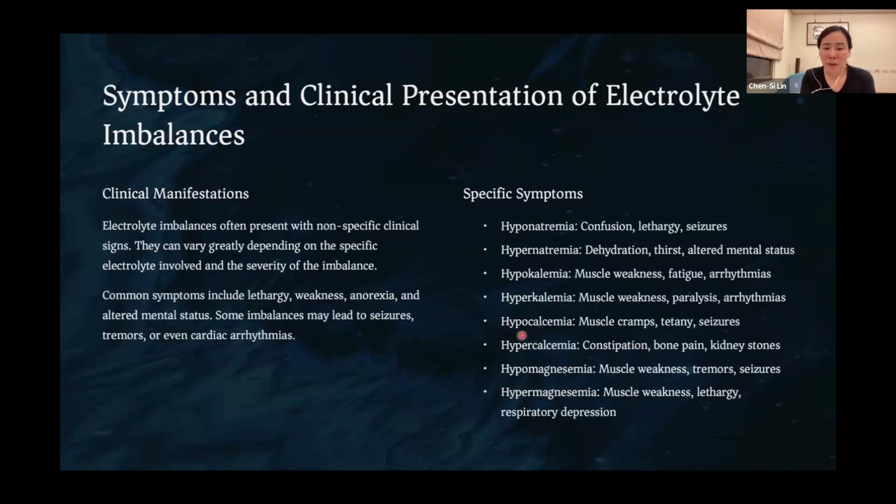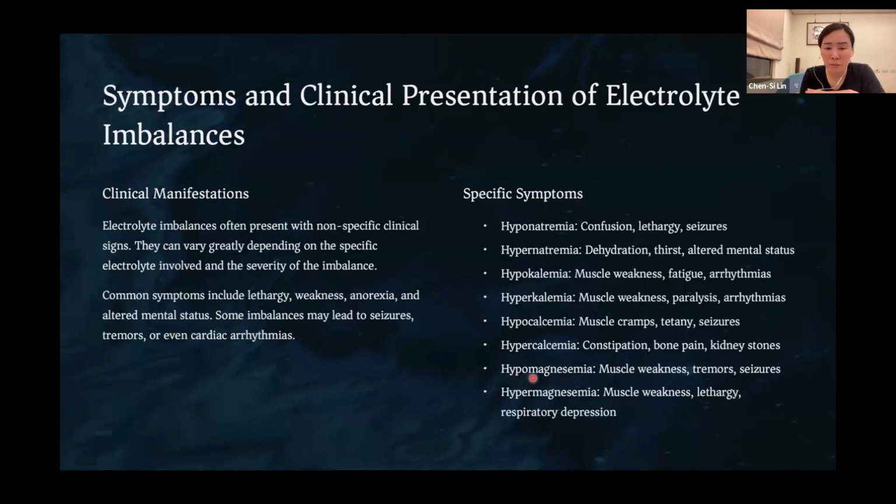Next is magnesium. As we mentioned before, magnesium is important because it plays an important role in maintaining the normal physiological function of our cells, and one of its important functions is as a coenzyme in our cells.